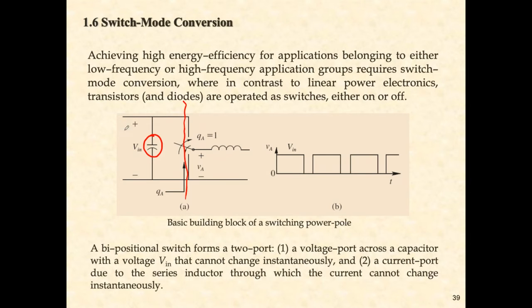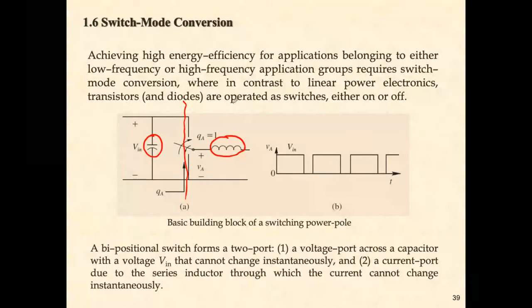Here is the input and there is the output. And then here we also have the inductor connected. Here is the load, and here is also kind of an input. Somewhere in between there is an inductor connected in series. So this is the current link structure and this is the voltage link structure.